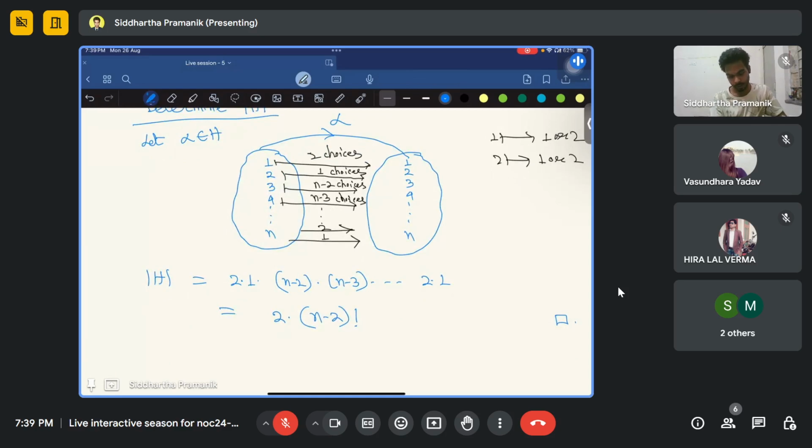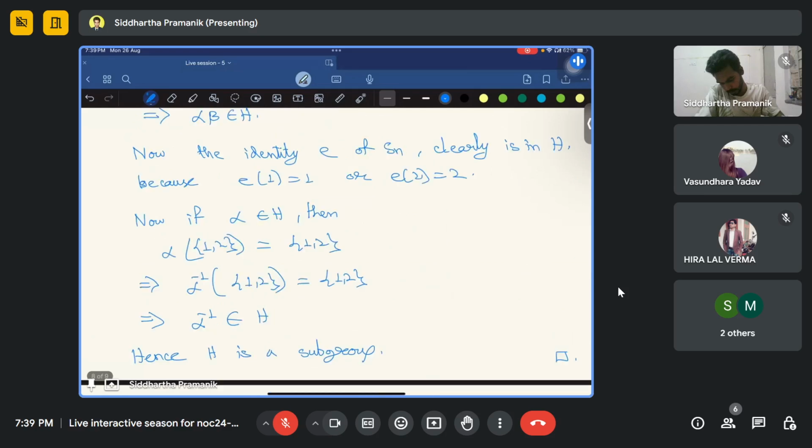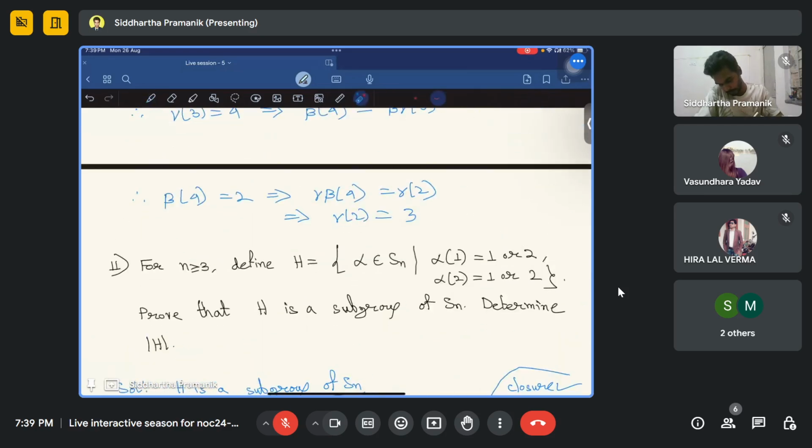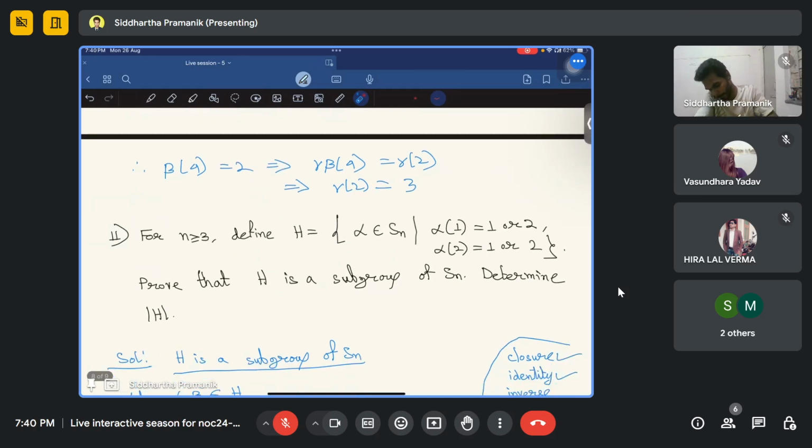So one question for you: we have already proved that this set is a subgroup of Sn. So I want you to check whether it is a normal subgroup of Sn. Just try.